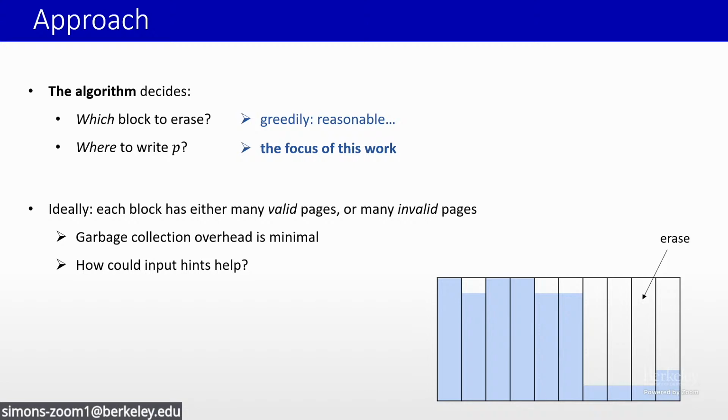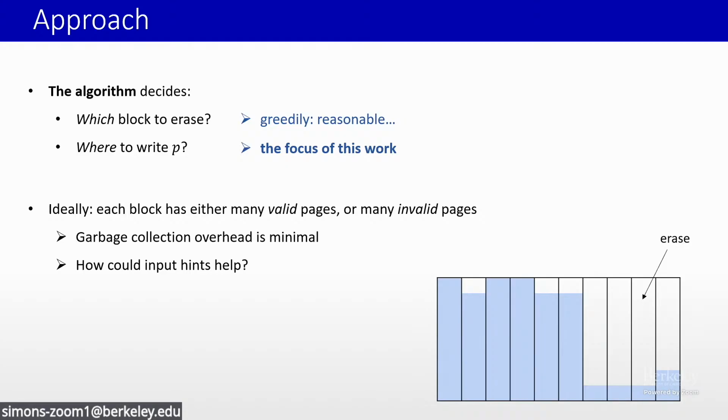So this is our picture. This is the SSD memory, and the blue slots are the valid slots, valid pages. Ideally, I would have liked it to look like this: either I have blocks with lots of valid pages, or I have blocks with very few valid pages. Of course, I'll erase one of these blocks.